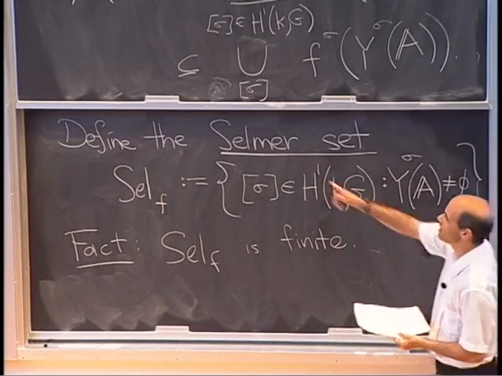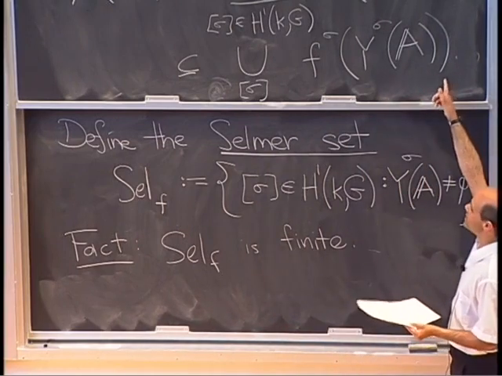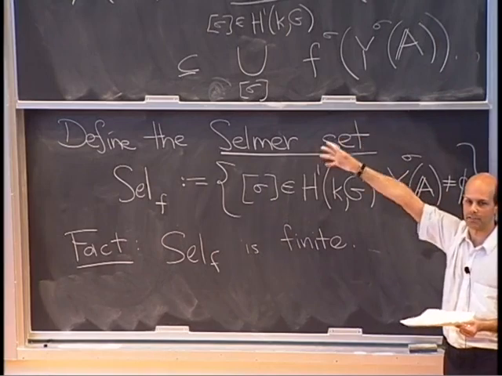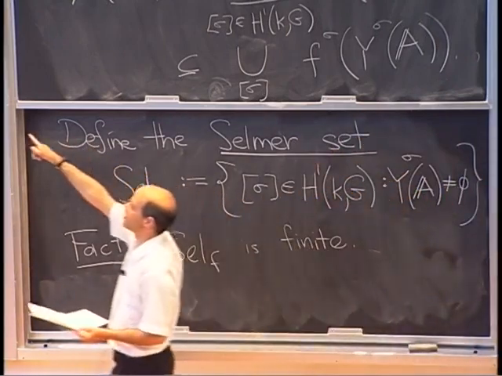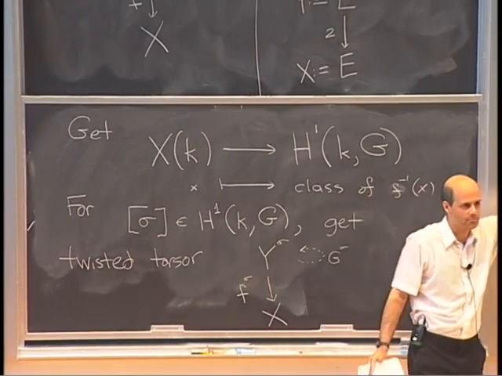In the example, these pieces of the partition are either empty or they're cosets of 2E(k). And then this finiteness is what gives you the weak Mordell-Weil theorem.